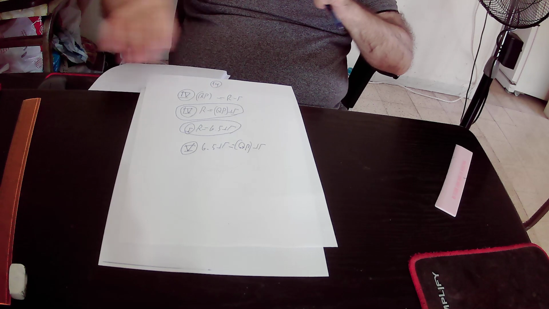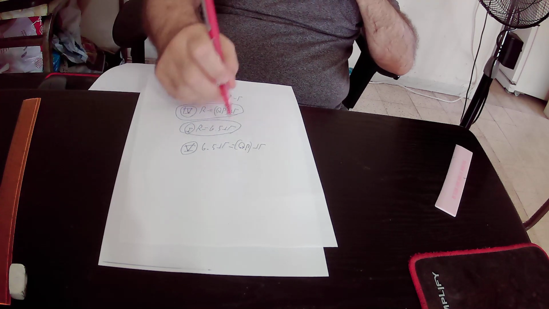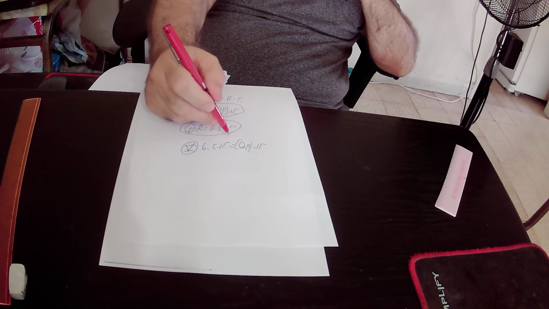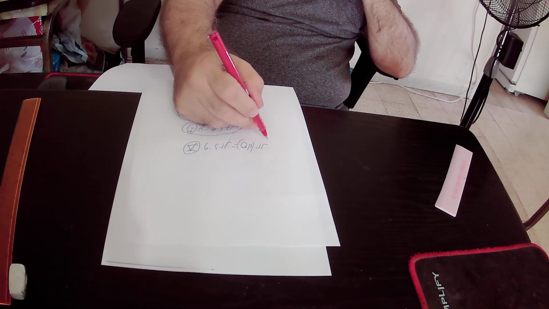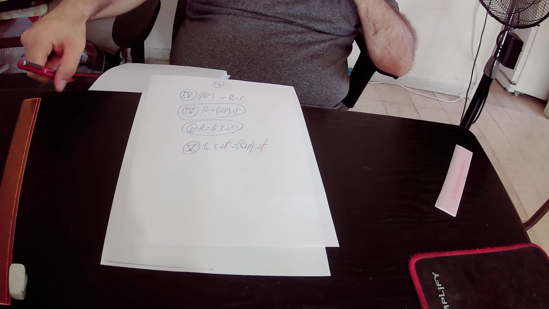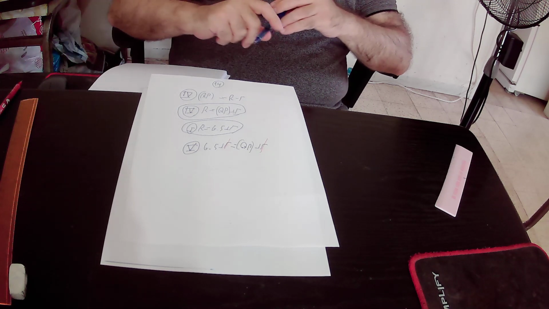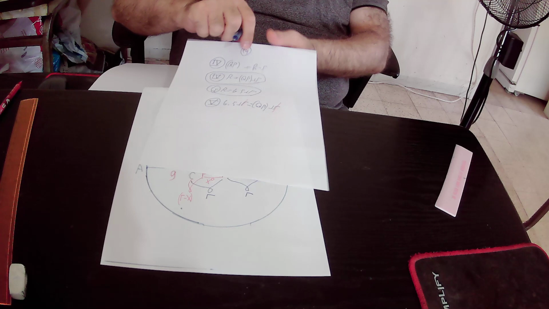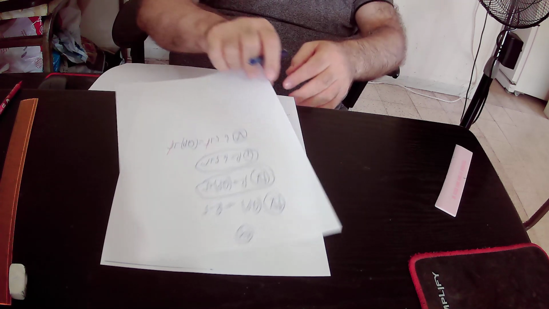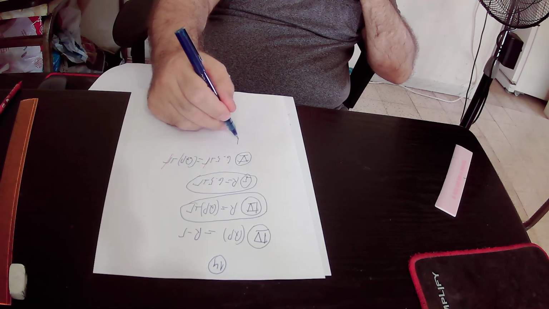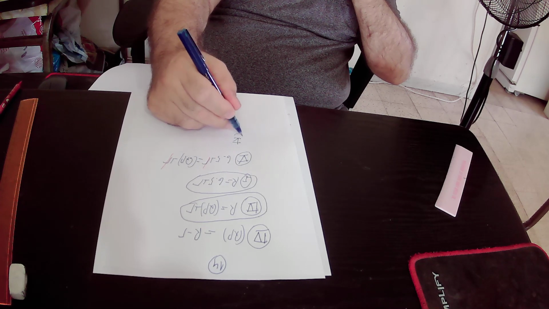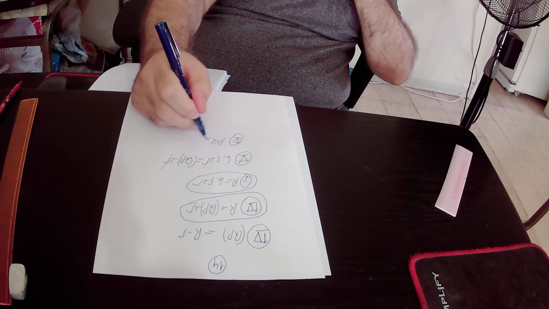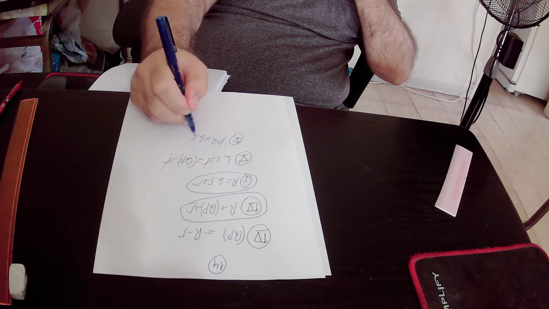Here we have small r on this side of the equation, and we have small r on the other side of the equation, so we can cancel r. And after we cancel r, we will get that PQ equals 6.5 units.